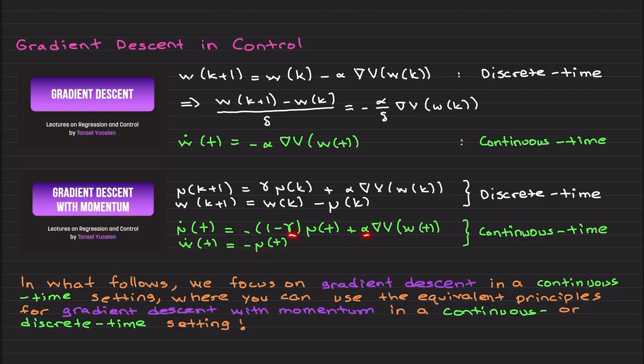You can just choose them as you want with regard to the given application. To make the long story short, in what follows, I am going to focus just on gradient descent in a continuous time setting, where you can use the equivalent principles for gradient descent with momentum in a continuous or discrete time setting. Okay, let's start.